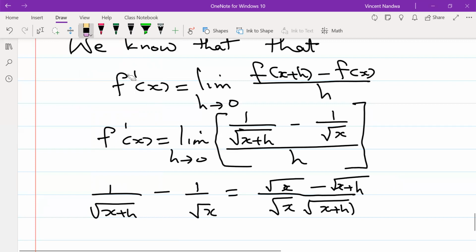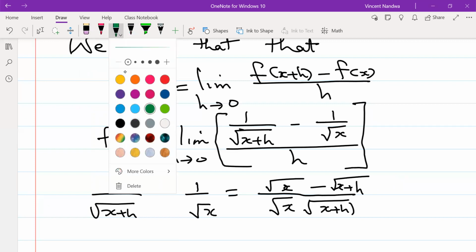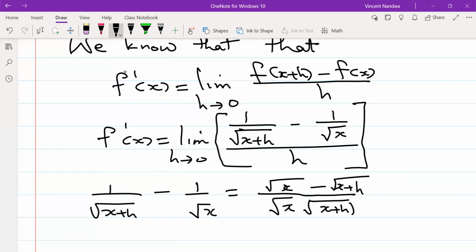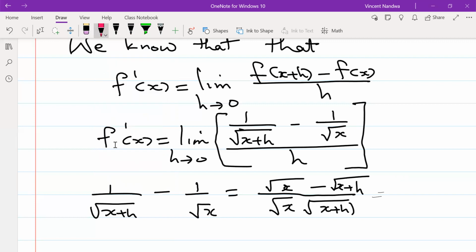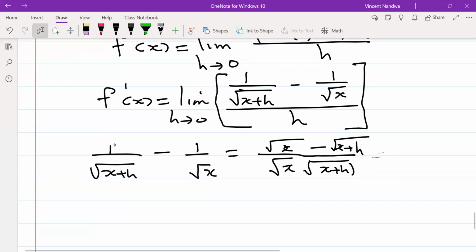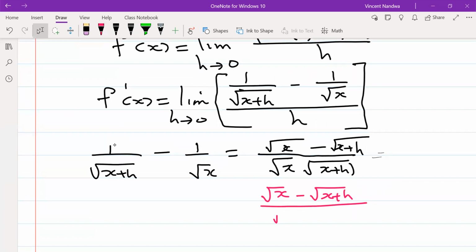So in this case here, we are going to have this as square root of x minus square root of x plus h divided by square root of x times square root of x plus h.